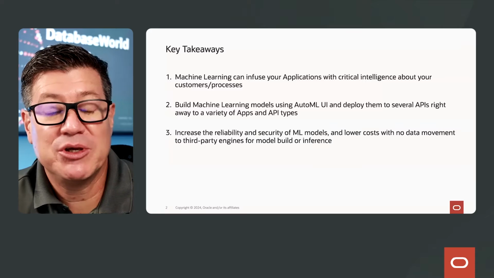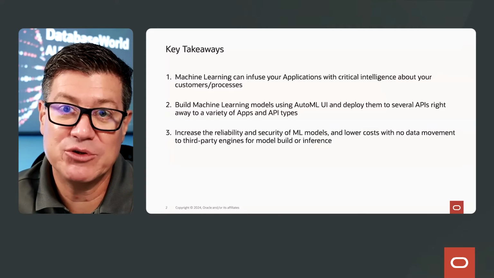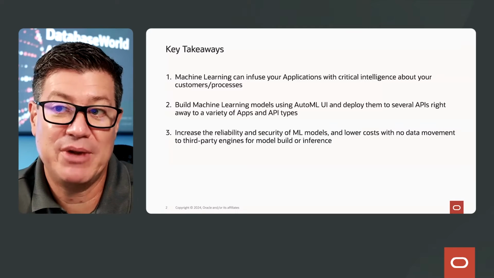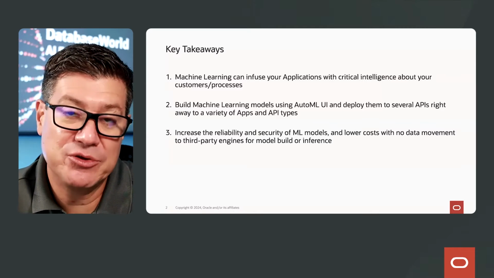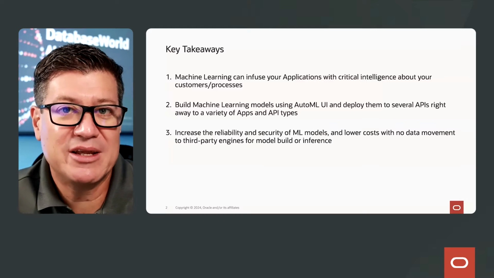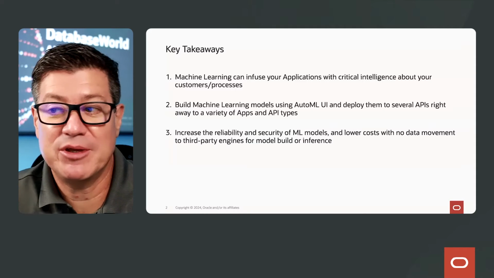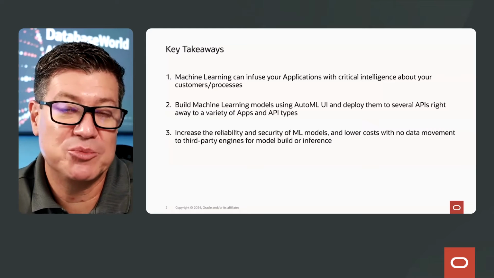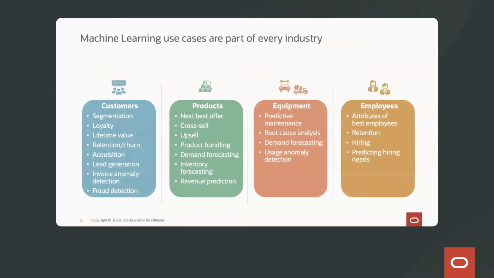Building machine learning models using the AutoML UI is also going to allow you to use them through different APIs and make that application work better. It also increases the reliability and security of machine learning models, because the models run inside the database. It basically lowers the cost and the usage of third-party packages or engines that you need to move data to.